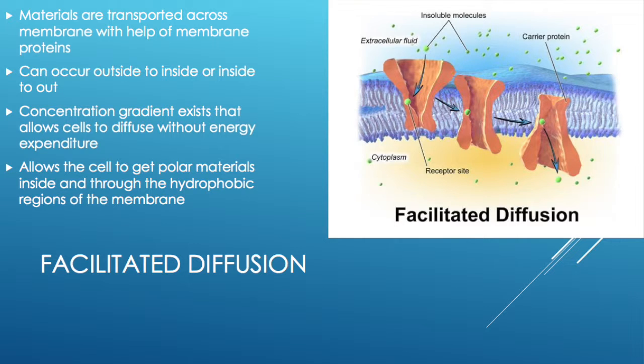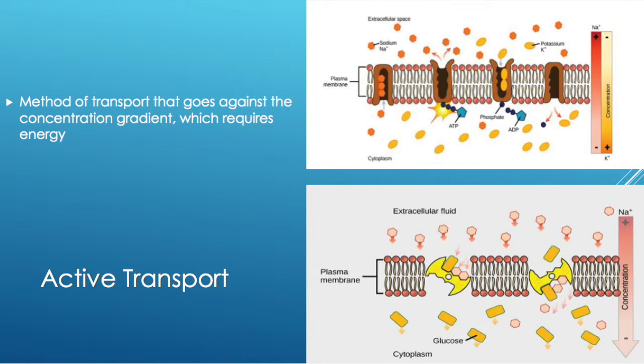Facilitated diffusion is similar to simple diffusion in that both involve movement of molecules down their concentration gradient, and this movement is carried out without any input of energy, which makes it different from our next topic, which is active transport. Active transport is a kind of transport where ions or molecules move against a concentration gradient.